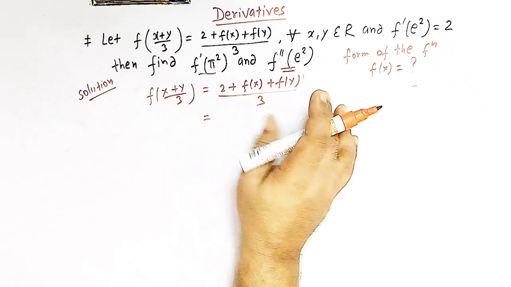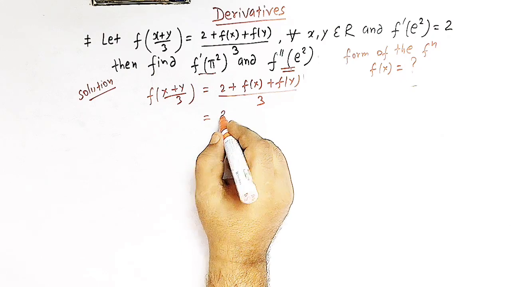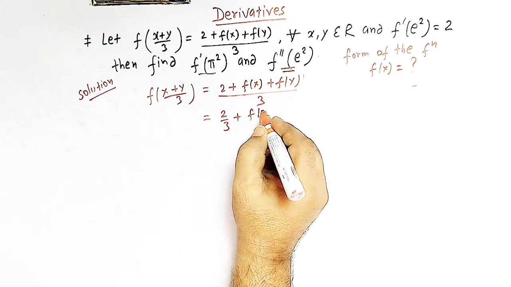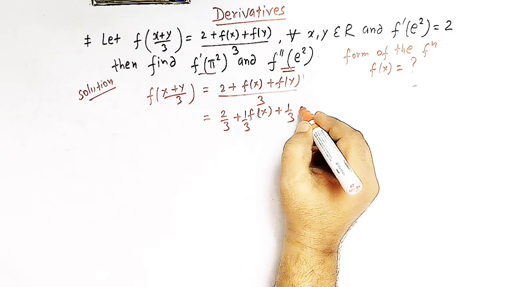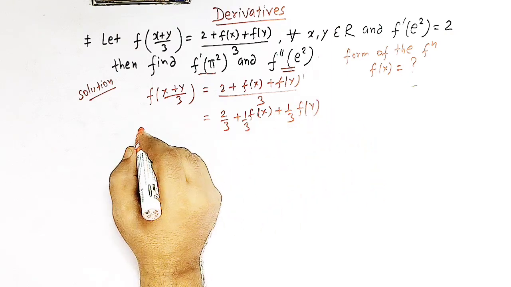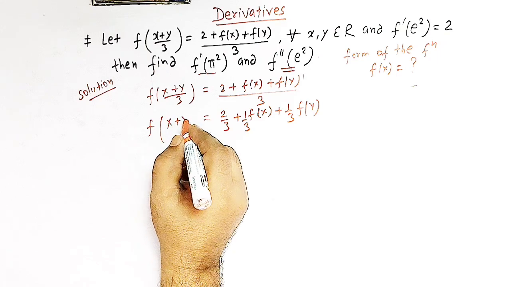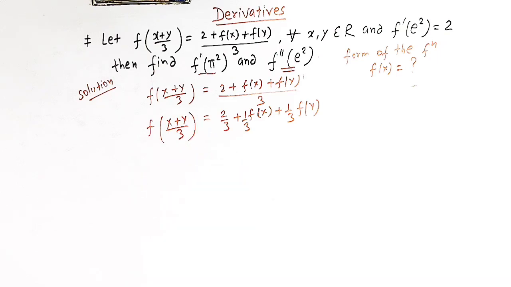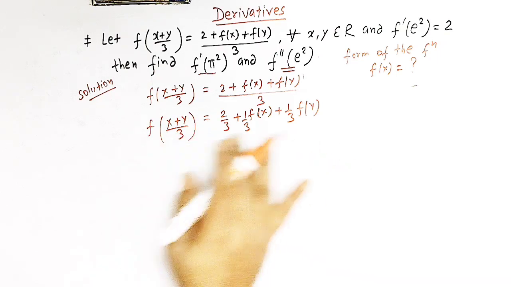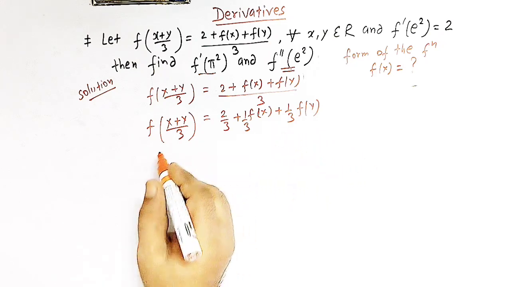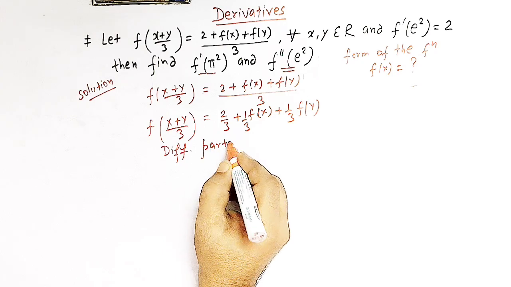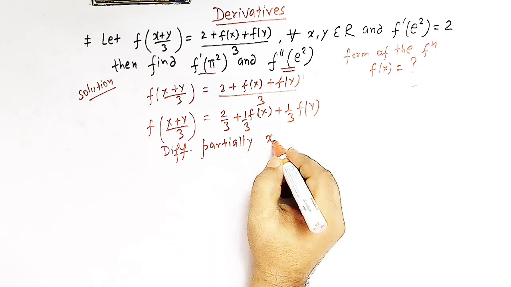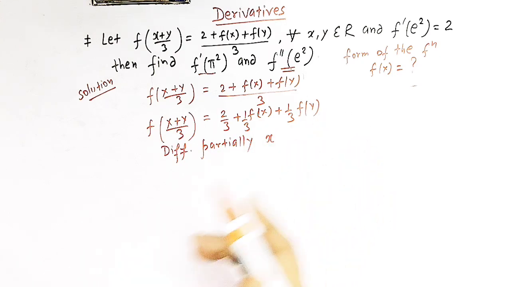So let us write this expression as 2 by 3 plus 1 over 3 f of x plus 1 over 3 f of y, and here we have f of (x plus y) over 3. So now what we will do, we'll differentiate both sides partially with respect to x, and we'll take y as a constant.